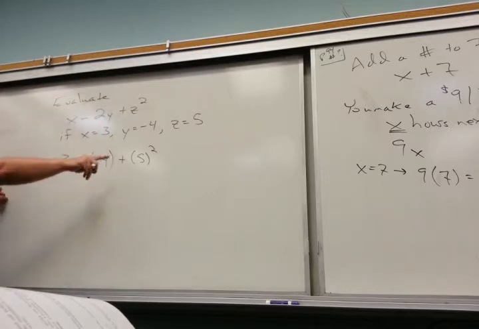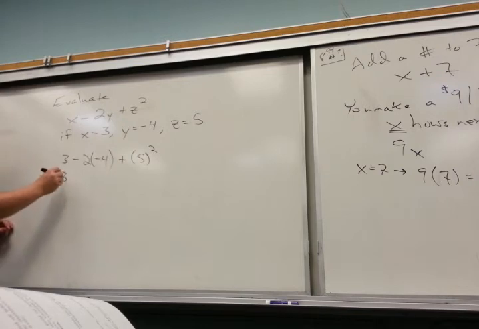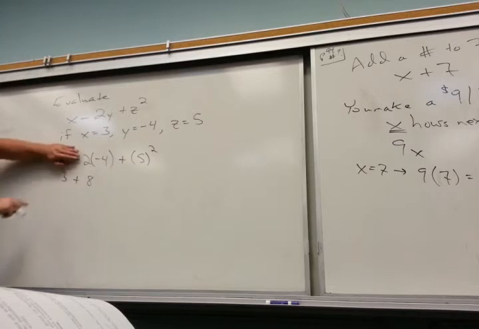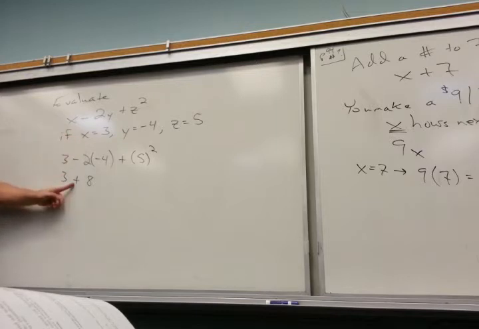So what are you going to do first here? Yeah, you can do a couple things here. What's negative 2 times negative 4? So it should be plus 8. Now another way to look at that is 3 minus, what's twice negative 4? Negative 8. What's 3 minus negative 8? Those two negatives cancel.